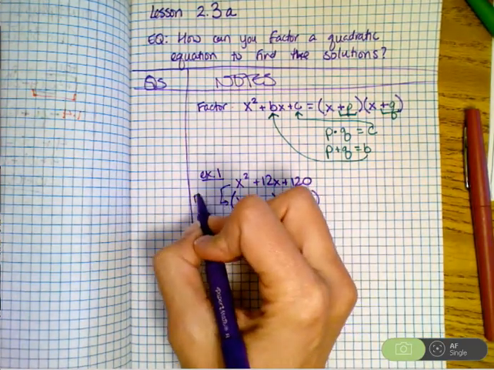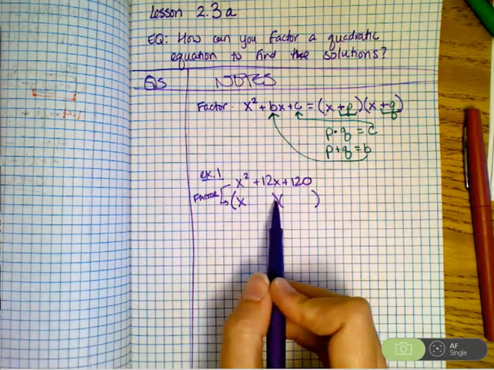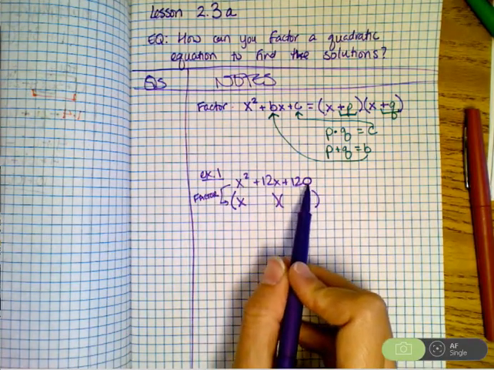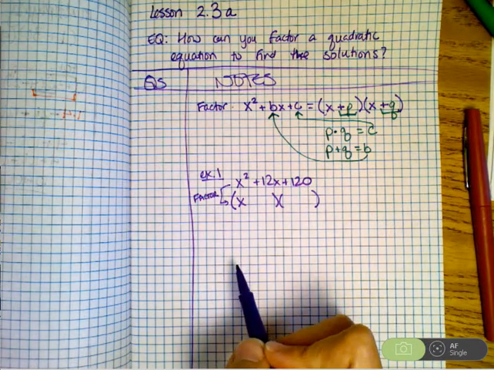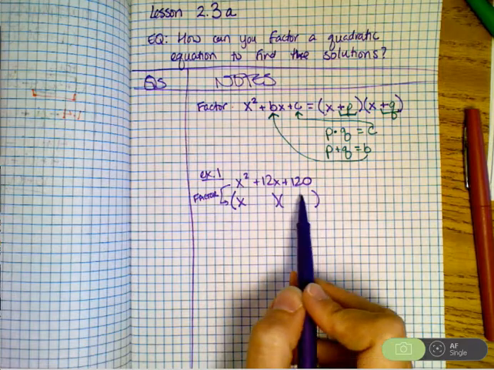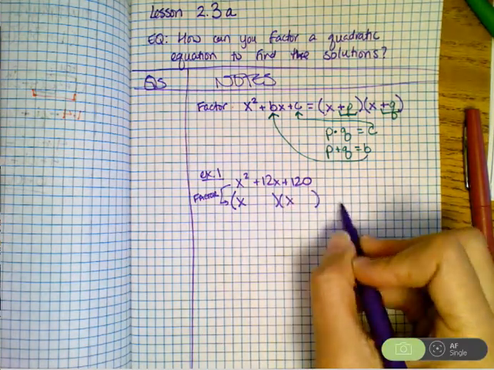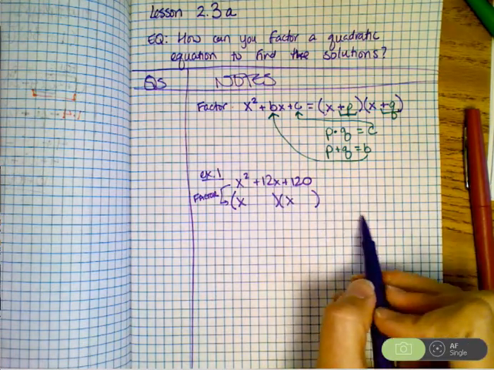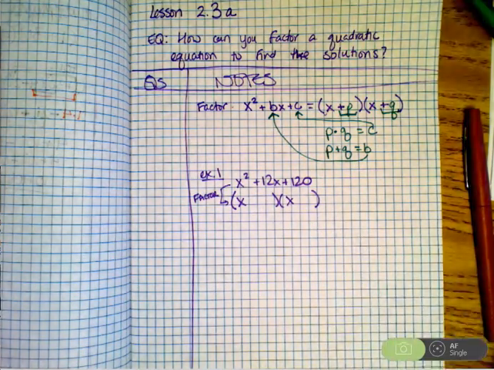And factor means figure out two things that will multiply to 120 and add to 12. We're really undoing FOIL or the box method here. So this is the stuff that would have gone on the side of the box method. And then this is what we get on the inside when we multiply everything out.